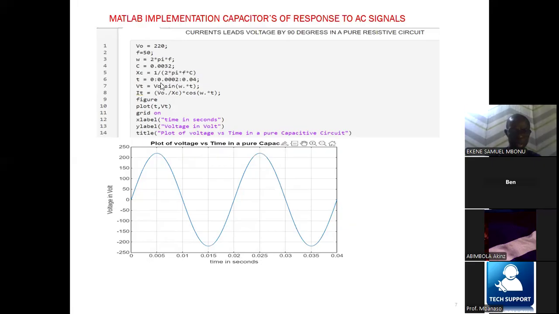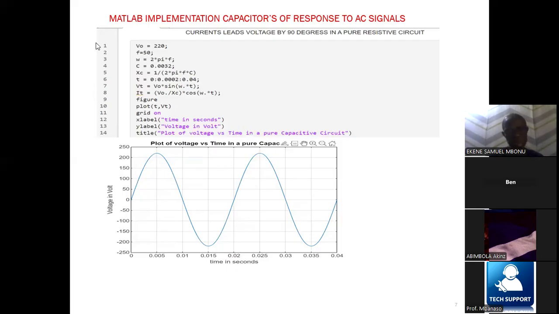1/50, frequency is number of cycles per second, and the period is equal to 1/f. So if you want to get the period of a signal whose frequency is 50, you do reciprocal of 50, which is 1/50, and you get 0.02.